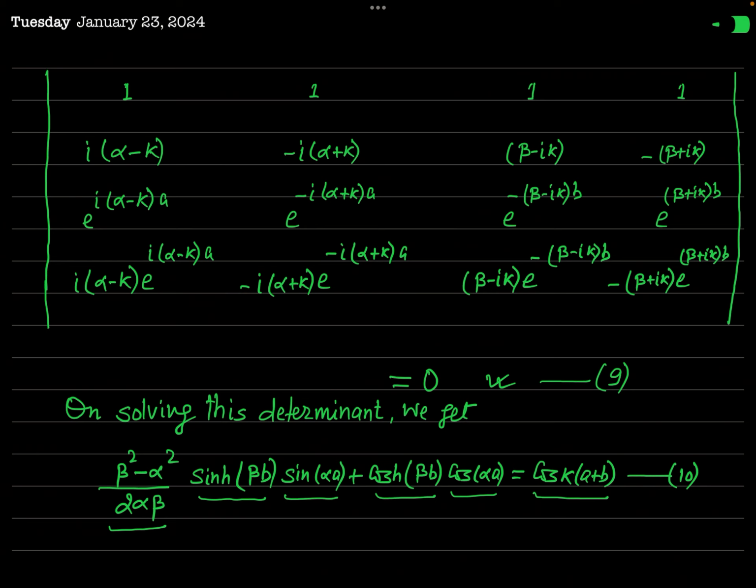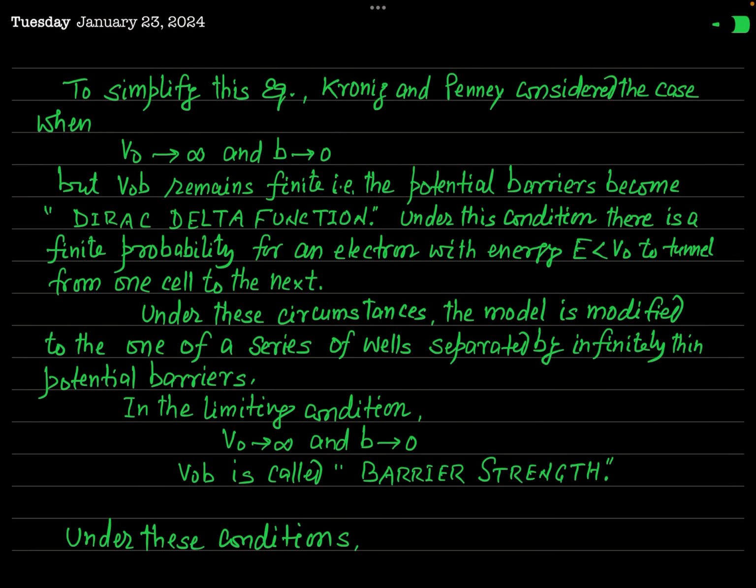If anyone tries to obtain interesting results or deal with the behavior of an electron in the crystal from this original result, the discussion will be very complicated. So, to simplify this equation, Kronig-Penney considered the case when V naught tends to infinity and b tends to 0.